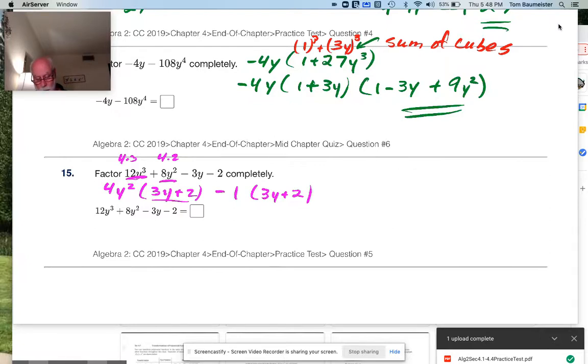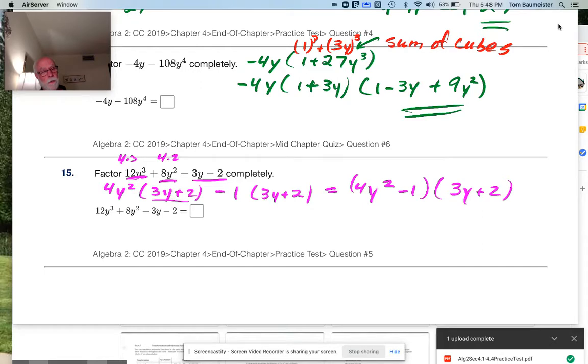Okay, so on these two here, I factored out a negative 1 because I needed 3y plus 2. Okay, so now remember, I can now rewrite this as 4y squared minus 1, and then I have 3y plus 2.